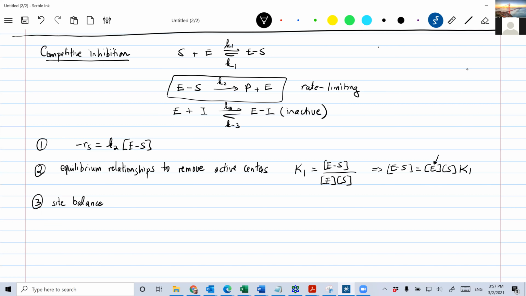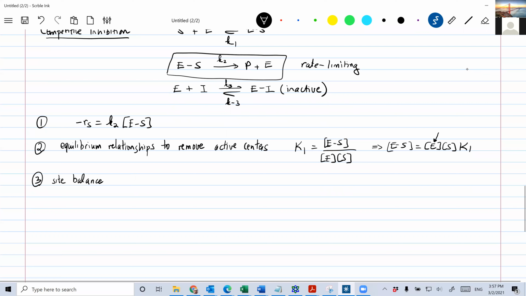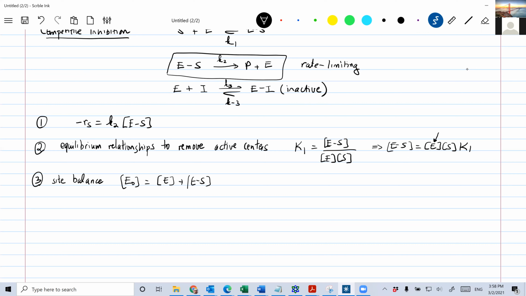If you have reactive intermediates, you may not have to do a site balance. So your total enzyme concentration is equal to your free enzyme plus enzyme bound to substrate plus enzyme bound to inhibitor, because we have that as one of the steps.